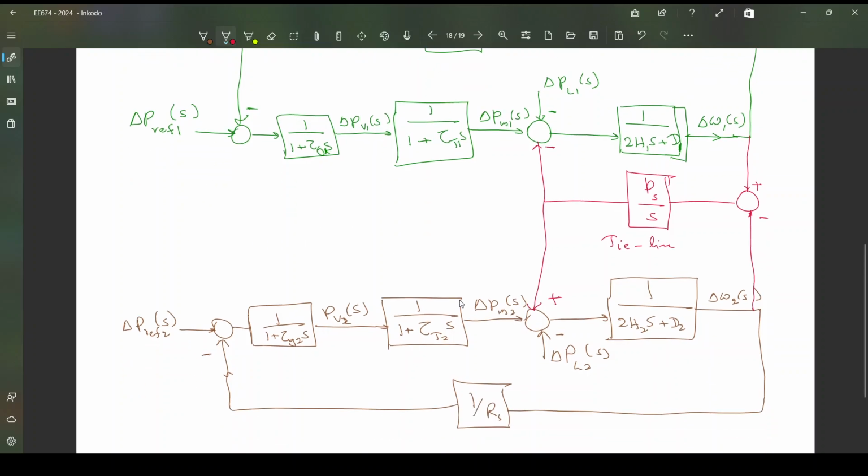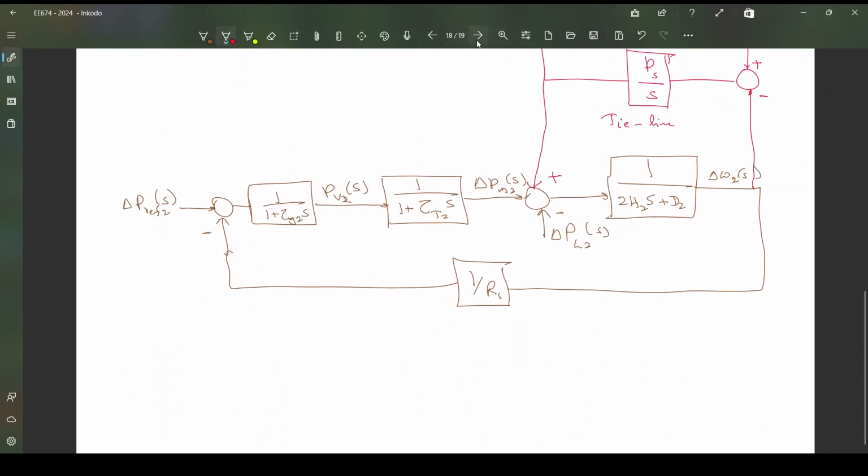Okay, so let's consider a load change in area 1, just to see what's happening. So load change delta PL1 in area 1.